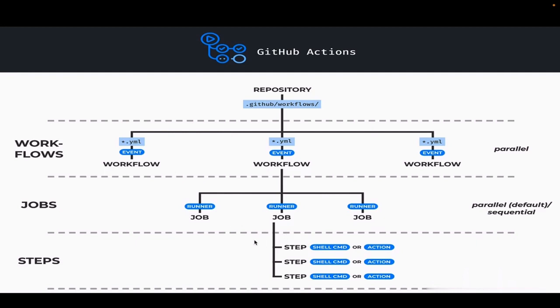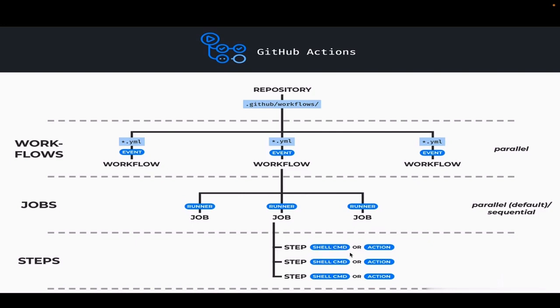Each job can represent a specific task or a set of tasks that need to be executed, such as building the code, running tests, deploying to a staging environment, etc. A job is a set of steps that are executed sequentially or in parallel. Each step is a command or an action that is executed in the virtual environment of the job. Steps can be defined using various actions provided by GitHub Actions or by using other custom actions.